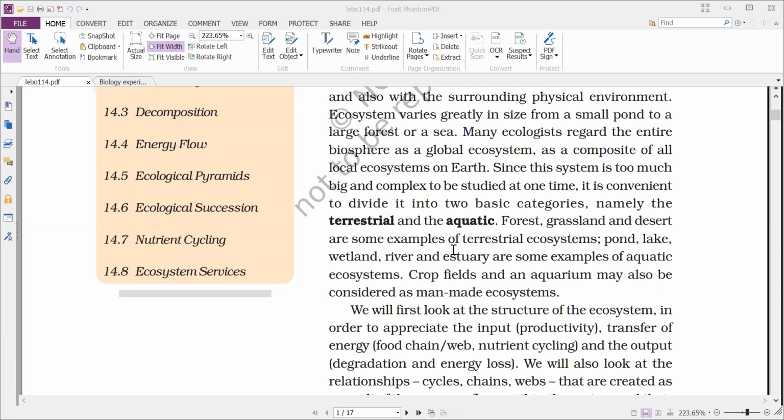That's why we call it a man-made or artificial ecosystem. Like an aquarium, if any aquarium is present in your home, that aquarium is also a type of ecosystem, but man-made, that is, an artificial ecosystem.